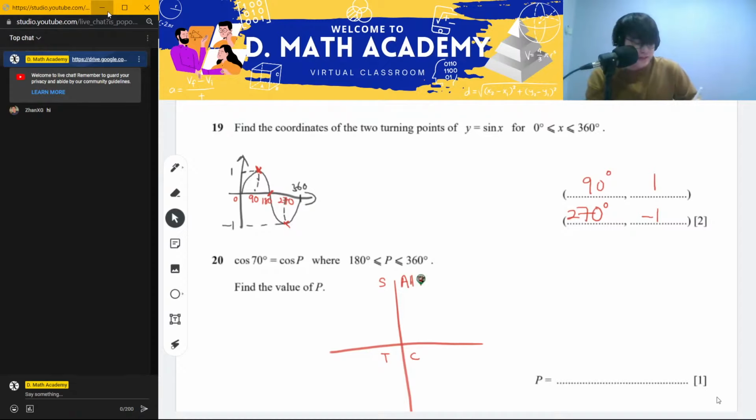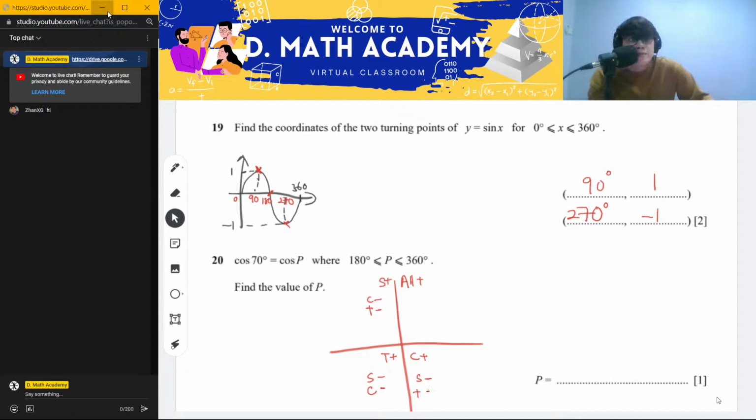S means sine is positive only, so your cosine and tangent will both be negative. T stands for tangent is positive, and sine and cosine are negative over here. And the last one is cosine is positive, and sine and tangent are both negative.